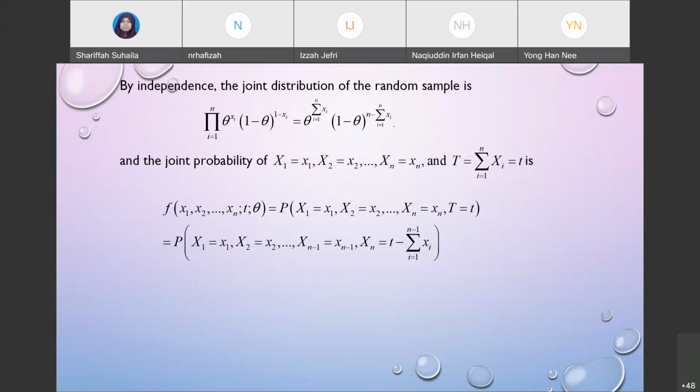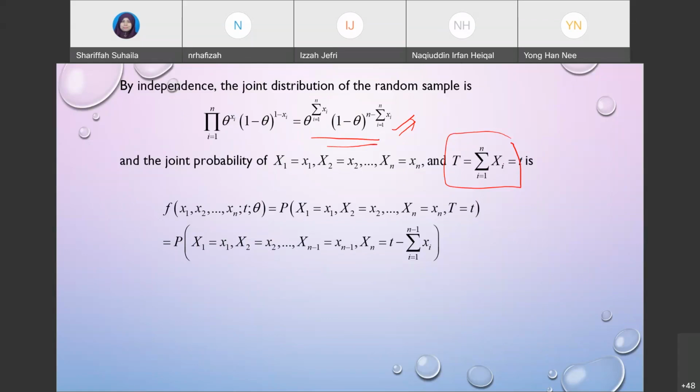So simplify form there, you get this one. Sebab kita expand setiap satu tu: theta to the power x1, (1 minus theta) to the power 1 minus x1, theta to the power x2, (1 minus theta) to the power 1 minus x2. Simplify kan, you have this term. So T sekarang adalah summation Xi.